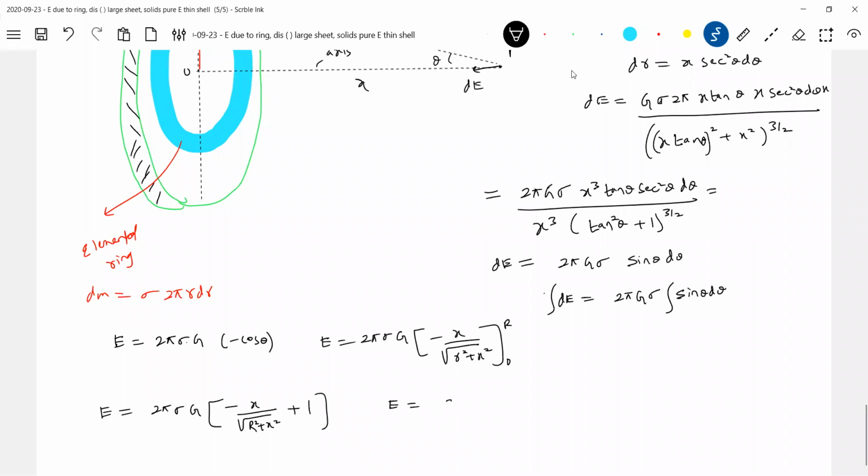So then everything will be 2 pi sigma g times 1 minus, this is the answer.